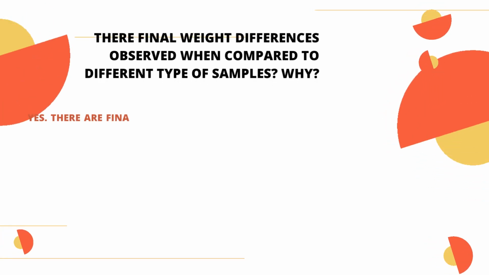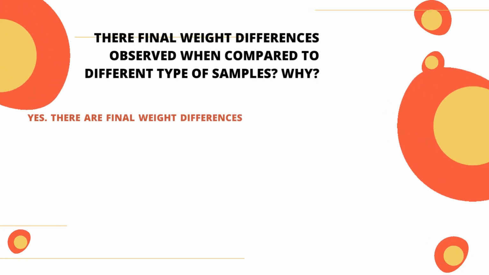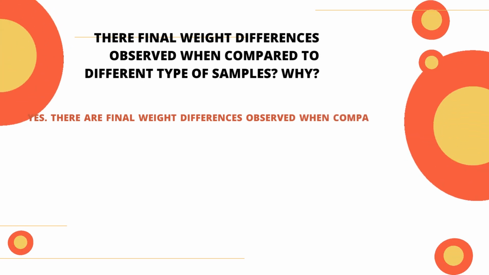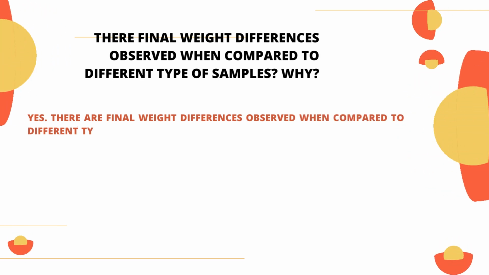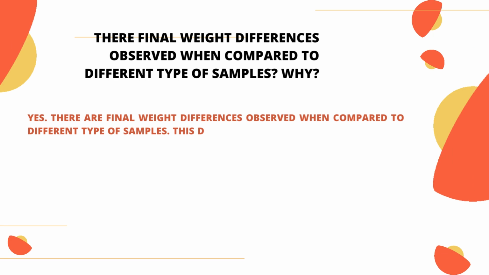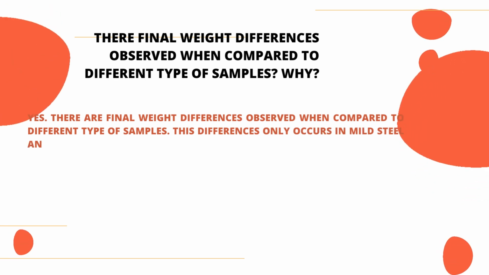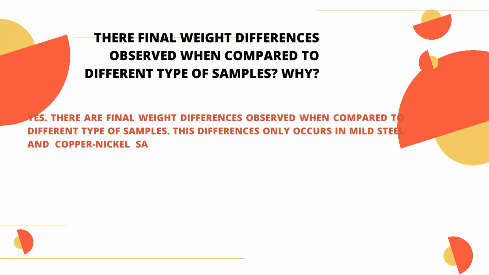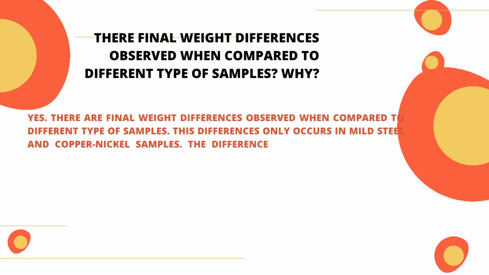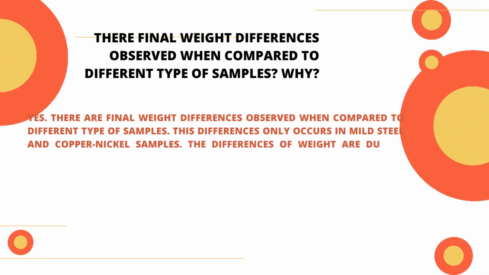Are final weight differences observed when compared across different types of samples, and why? Yes, there are final weight differences observed when compared across different types of samples. These differences only occur in my steel and copper nickel sample.